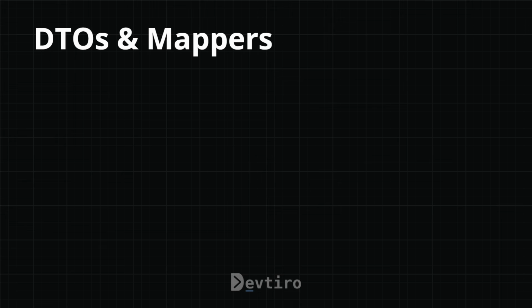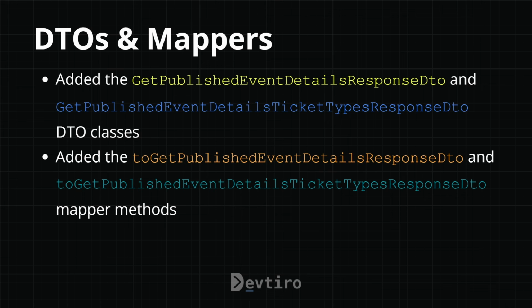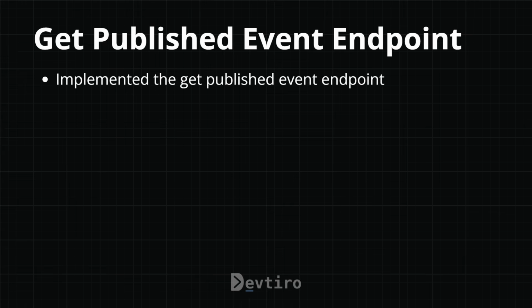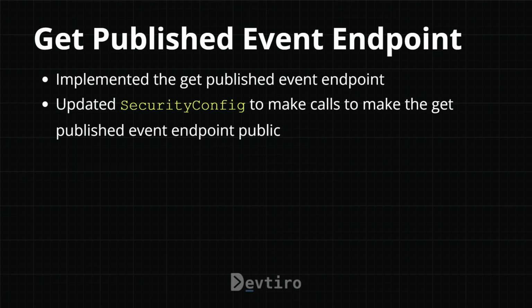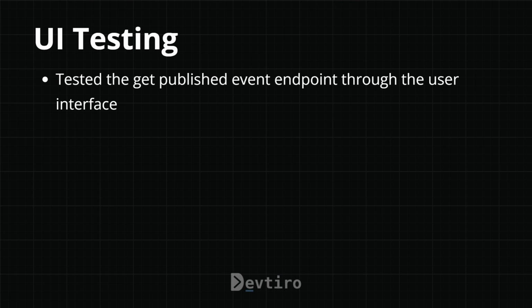In DTOs and Mappers, we added the get published event details response DTO and get published event details ticket types response DTO classes, and added these classes' corresponding mapper methods. In getPublishedEvent endpoint, we implemented the getPublishedEvent endpoint and updated the security config to make calls to this endpoint public. In UI testing, we tested the getPublishedEvent endpoint through the user interface.